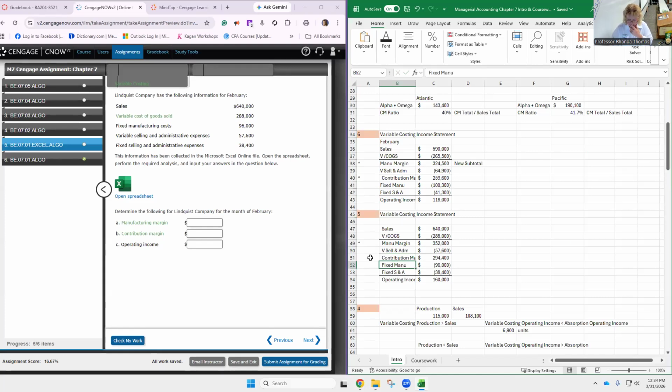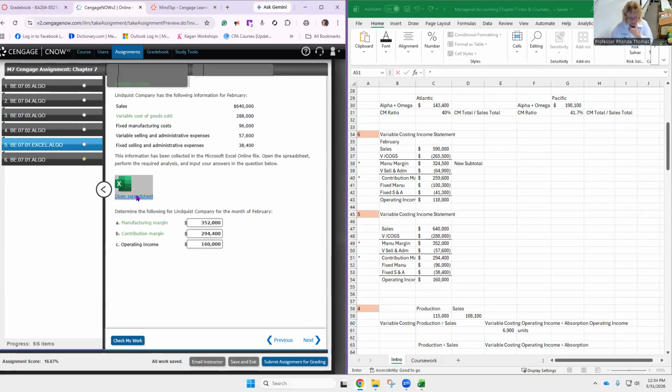So my manufacturing margin is 352,000, the contribution margin is 294,400, and then you subtract the 2 fixed amounts, 96,000 and 38,400. And so I got operating income of 660,000.